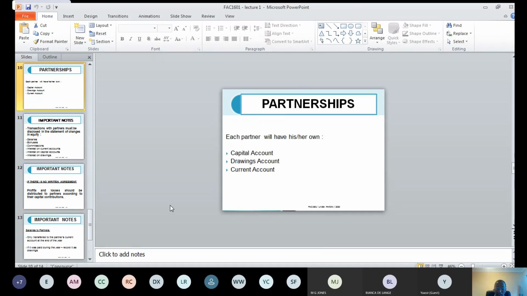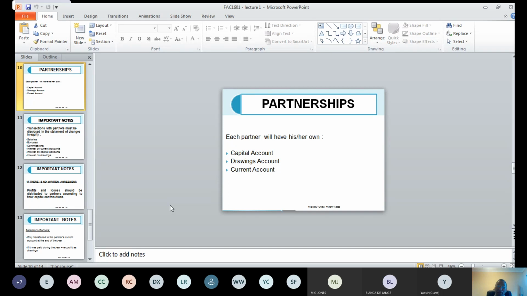Now, the current account is like the private account. In this account, we will transfer everything that the partner is entitled to. Everything that is contained in the partnership agreement, we transfer to his current account. Now remember, in the sole trader, the profits and all of that went to the capital account.